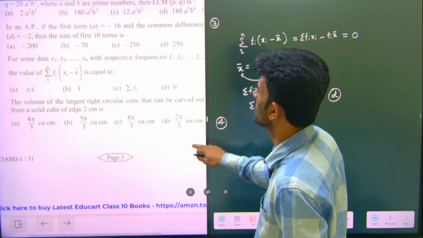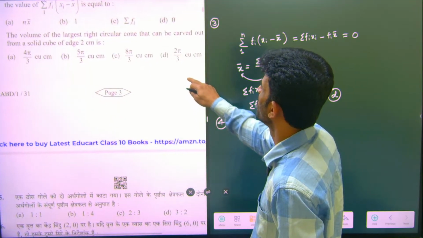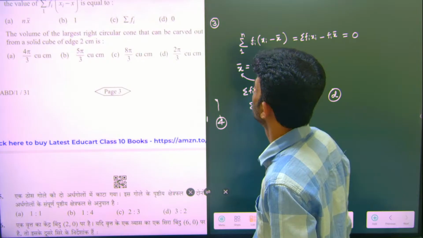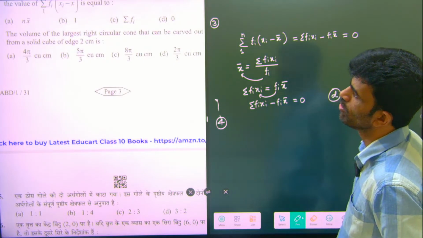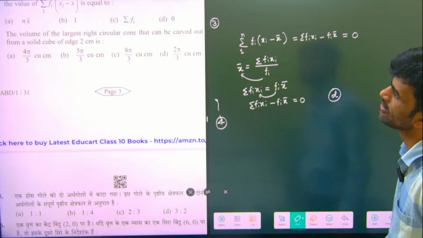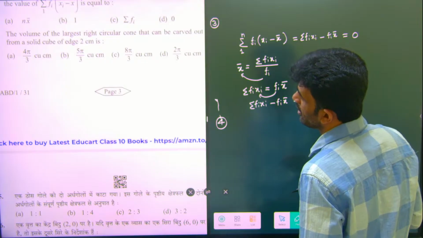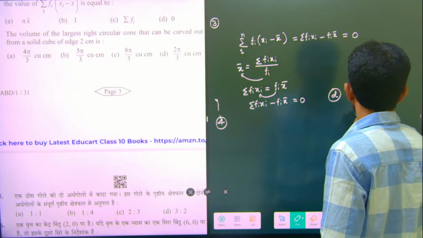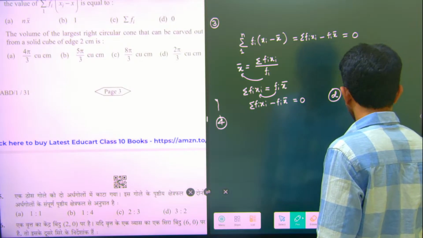Now see question number 4. The largest right circular cone that can be carved out from a solid cube of edge 2 centimeters. The volume we have to find, and the cone should be taken from a cube. So we can have a cube like this.